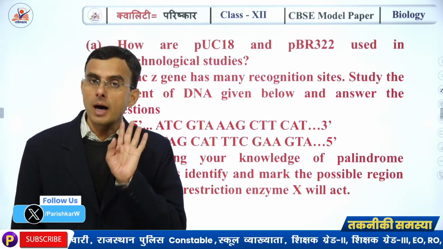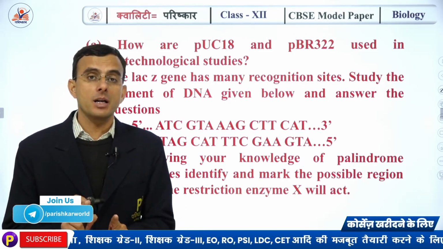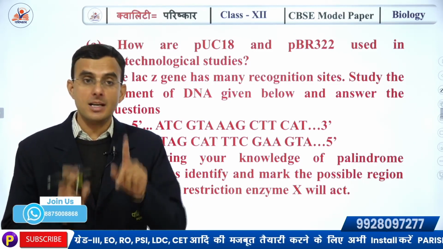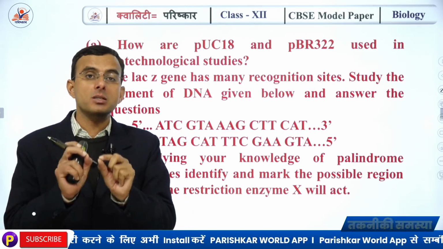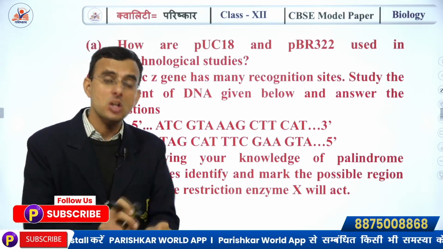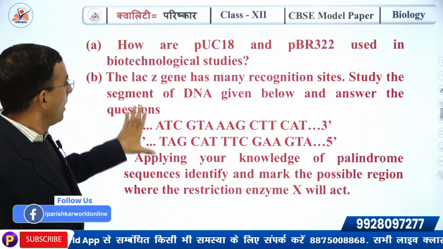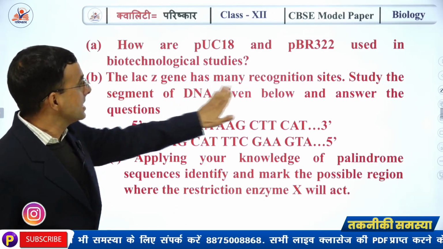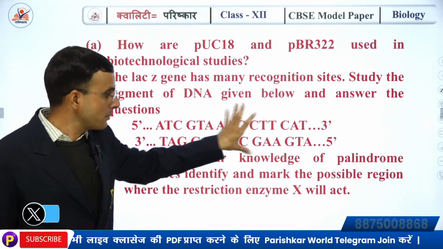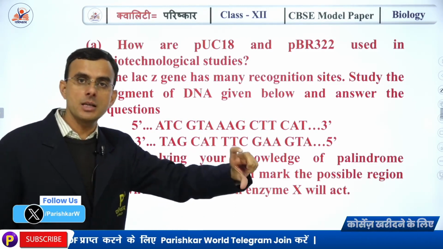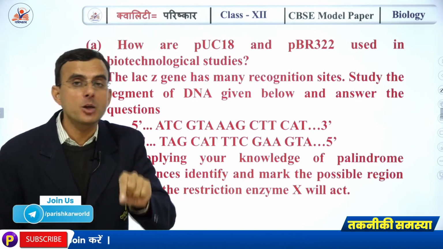Again, bacteria provide us a very important enzyme, restriction endonuclease. Restriction endonuclease can cut DNA at a particular place, known as the restriction site, and that restriction site is in a palindromic sequence. There are many sequences present in a particular gene, so at which sequence will that particular enzyme cut?